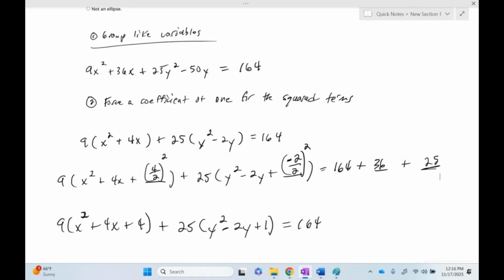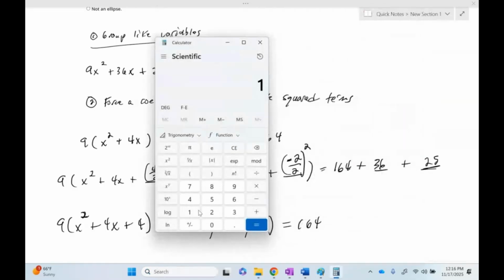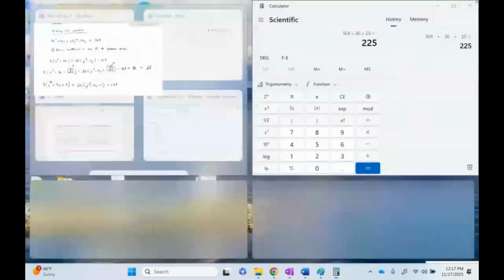So now once you add all of that stuff up together, 164 plus 36 plus 25, that should be 225. 164 plus 36 plus 25, 225.